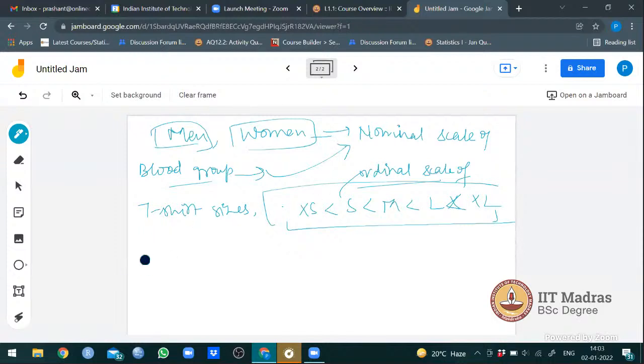Third one is the interval scale of measurement.